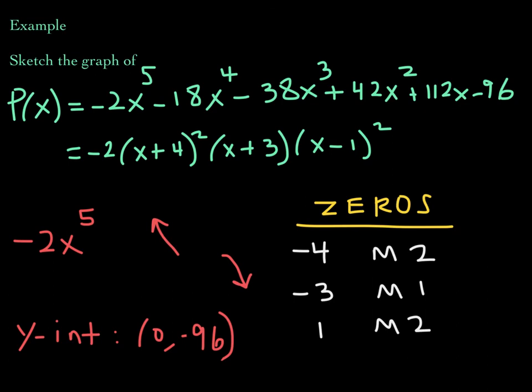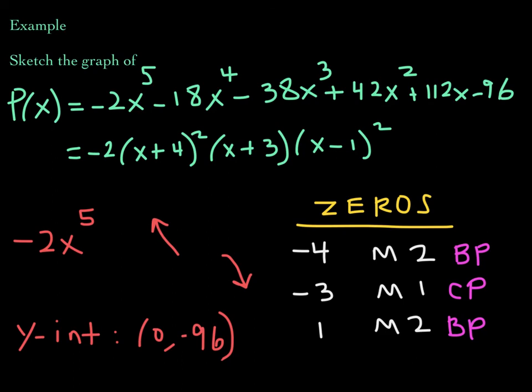Our textbook calls them touch points, but I'm just going to use the word bounce points if you don't mind. So this is going to be a bounce point, I'll put BP, and this one's a bounce point as well. Any zero that has odd multiplicity will be a cross point, so I'll just put CP for cross point. That's going to be very important.